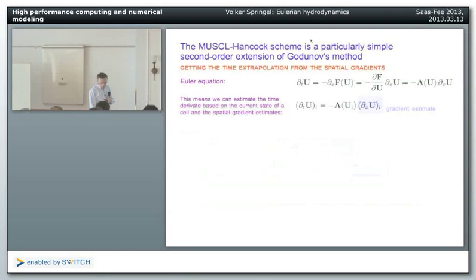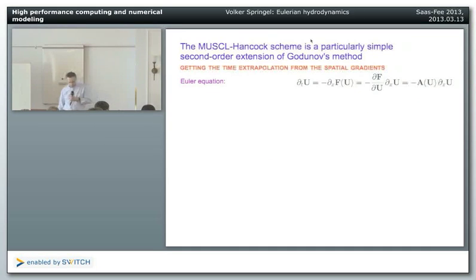Here's the Euler equation. Look at the first equality, right? This is the Euler equation. Normally, one puts the flux to the other side. It's the conservative form, and all I now do is apply the chain rule here.